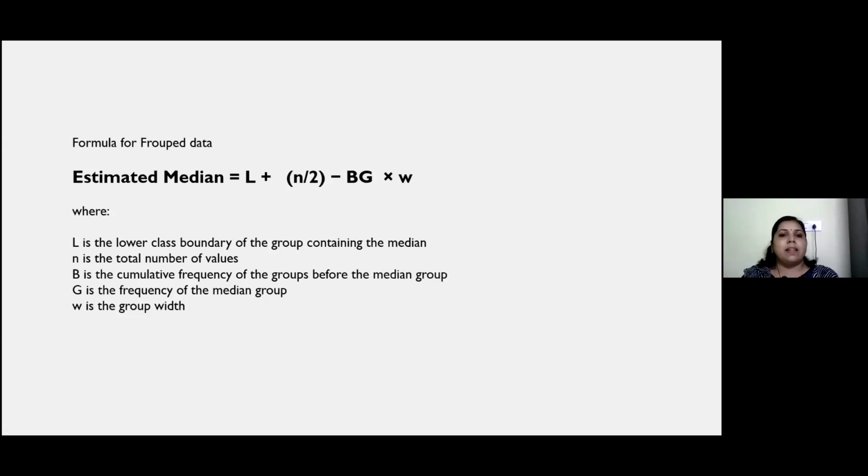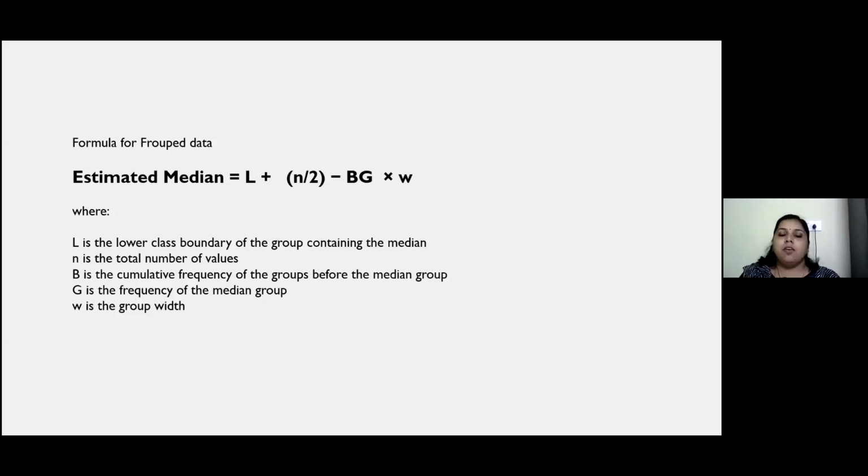But there is another important term: people receiving wages less than 300 per day. In that case, we add the frequency of the particular class and also the previous ones below 300. That is called cumulative frequency. And G is the frequency of the median group we have identified.